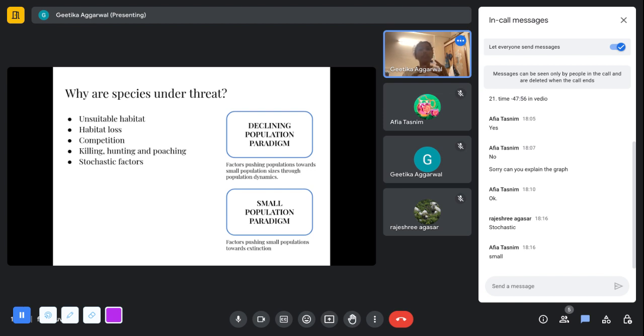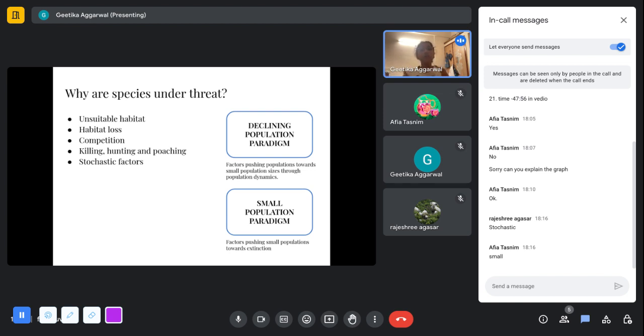But in general, the other factors, which is an unsuitable habitat, which could be because of temperature, precipitation, or environmental factors, the loss of habitat, fragmentation of habitat, degradation, competition faced by other species, and the killing of this particular species, all of these lead to the decline in the population. That affect a large population, leading to decline in numbers. That is why they fall under the declining population paradigm.